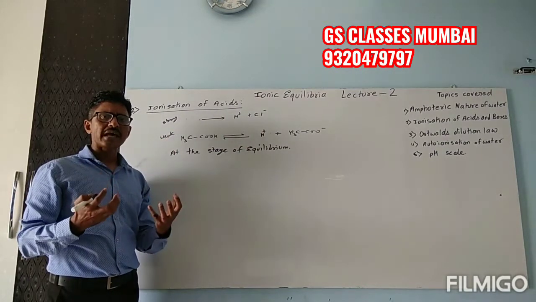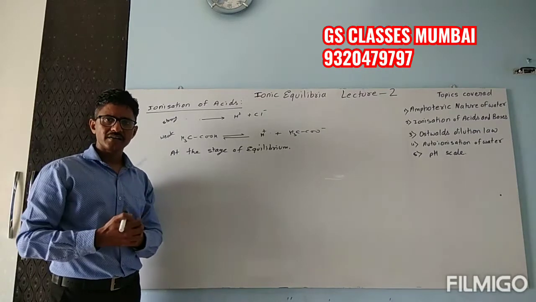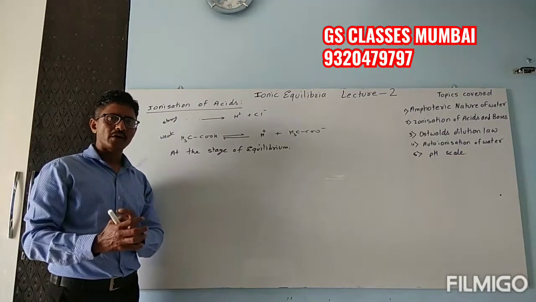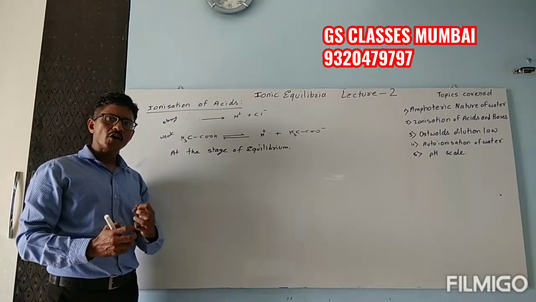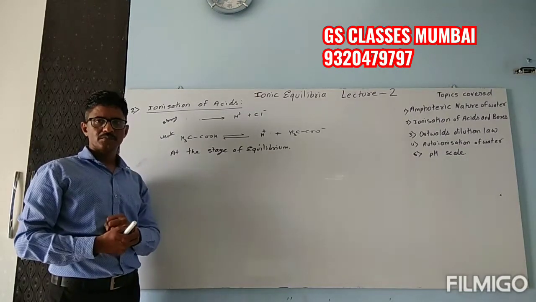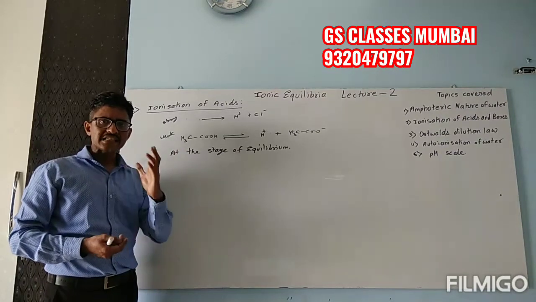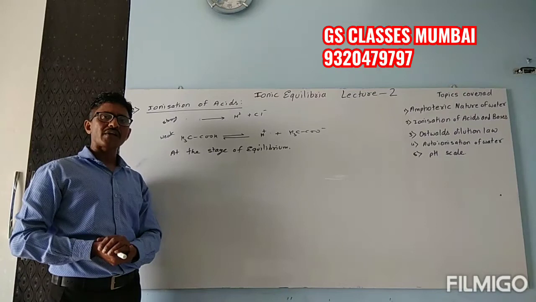Apparently it looks like the reaction is not occurring. But in reality, the reaction is going on with equal speed in both directions. So that stage is known as the stage of equilibrium.